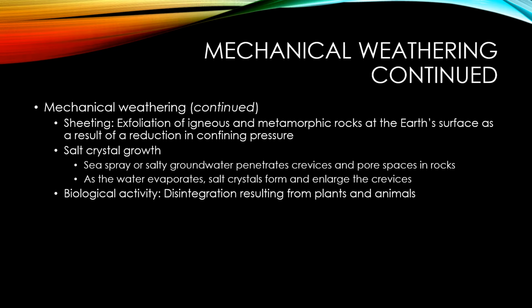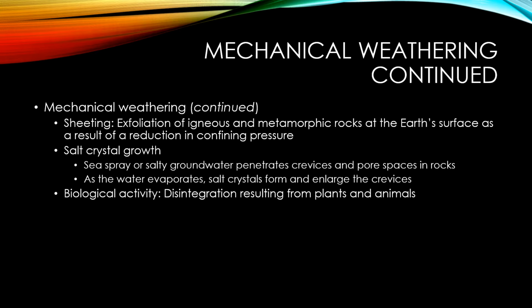And then another type of mechanical weathering is just from biological activity. So this is disintegration of rocks resulting from plants and animals. One example of this that you might think of is if any of you have driven through or hiked through or biked through the Boise foothills, for example, you'll see some exposed granite or granodiorite there.